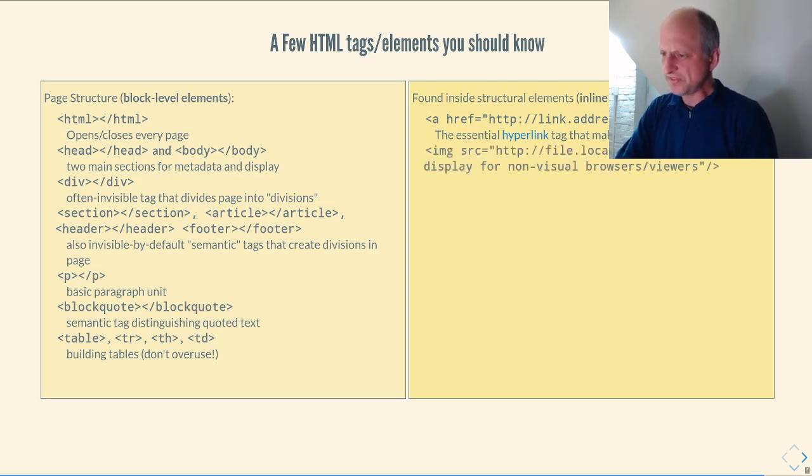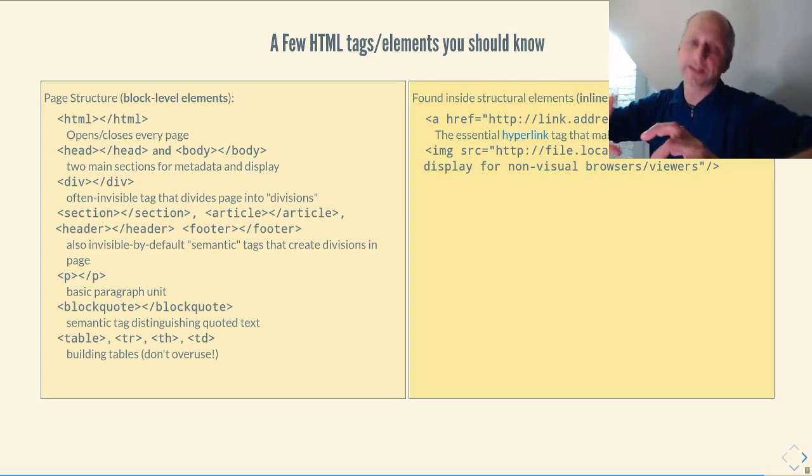And then similar to an A tag is the image tag. Instead of an href attribute, it has a source attribute. And instead of sending you to the image file, it actually embeds the image into the page.